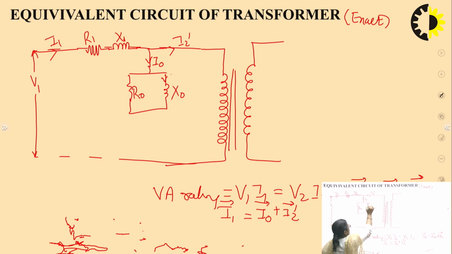This current is being called the magnetizing current, and the other current is actually going for the work, taking care of the losses. Which losses? The copper losses, which are negligible because the no load current is very small. So a very negligible amount of copper loss and the major iron loss or the core loss. That's why we used to call it the core loss component IC.